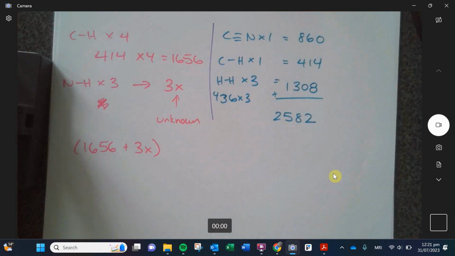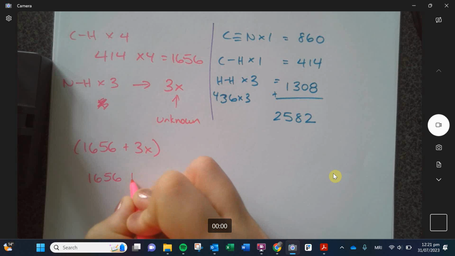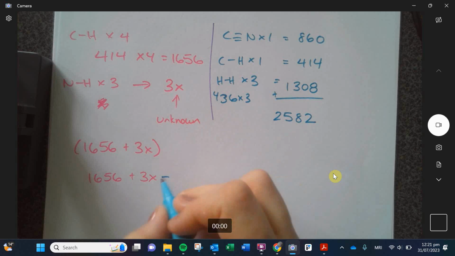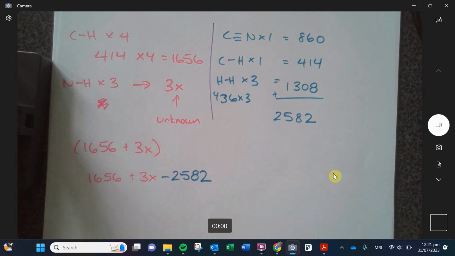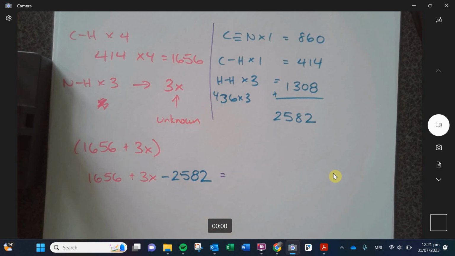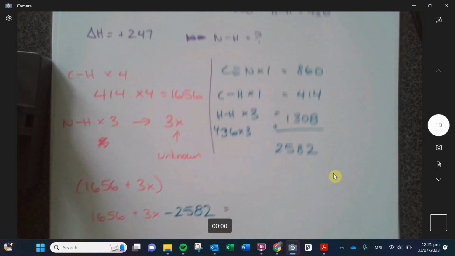So I'm going to do 1656 plus 3x. I'm going to subtract my products. So that's 2582. And then I'm going to set it equal to my enthalpy, which I do know. I know that from up here, it is 247.